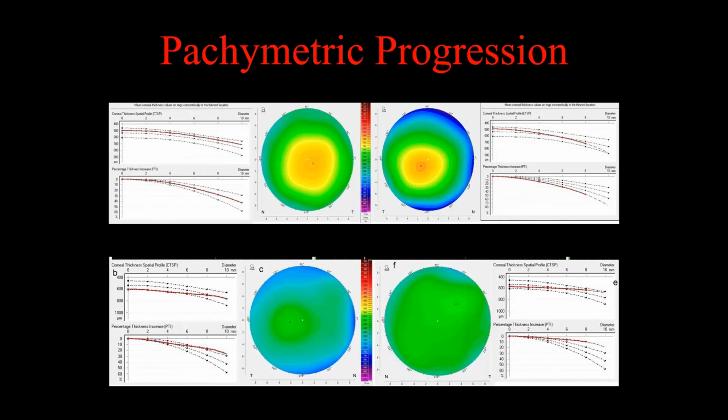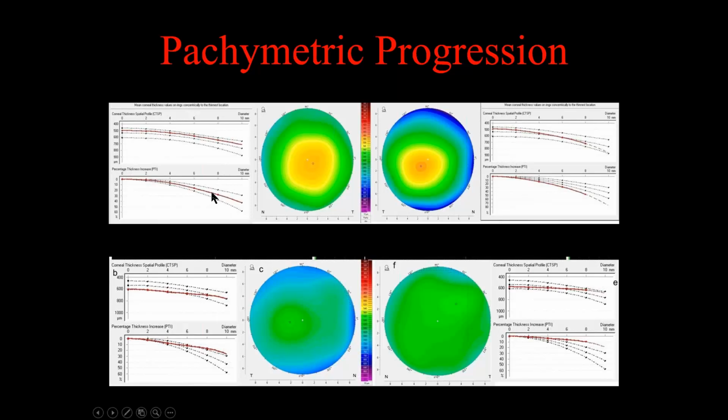Now, that sounds kind of not intuitive to think it thickens more rapidly, but if I just give you the inverse, if you start in the periphery and go to the thinnest point, it thins more quickly than a normal eye will. And the value of that is you can see up here, these are two corneas that have identical central thickness readings. So if all you had was an ultrasonic pachymeter, you would get the same reading. But if you look at the upper left eye and you look down at the PTI graph, notice that red tracing is right in the middle.